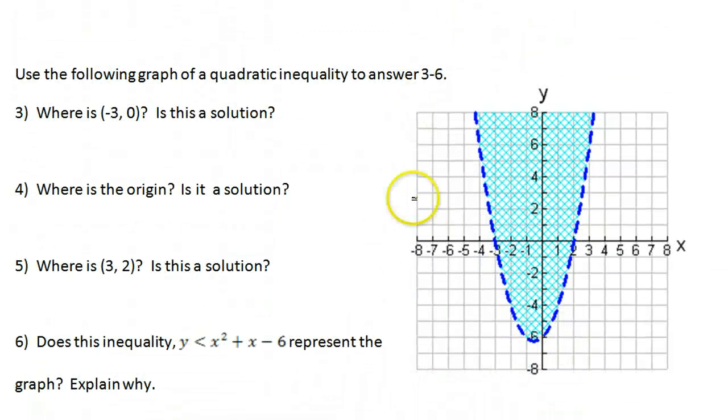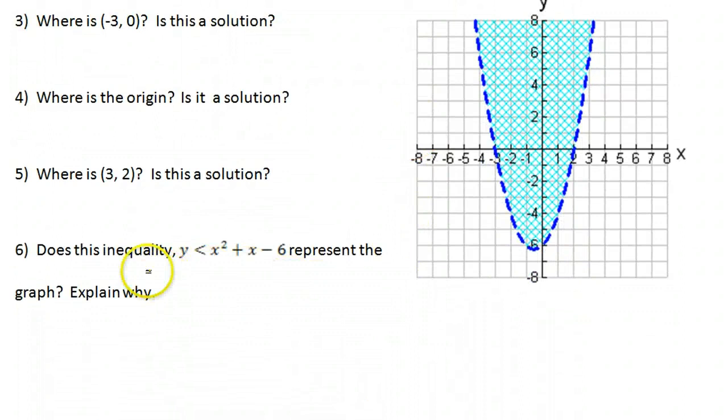On the other hand, later on, when we get to problems like number 6, see how suddenly this has a y value in it. That y value tells us that we're going to be doing some shading. Okay, it's not going to be a number line. It's going to be a shading type situation.